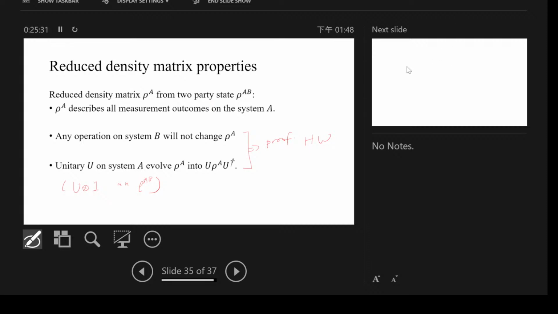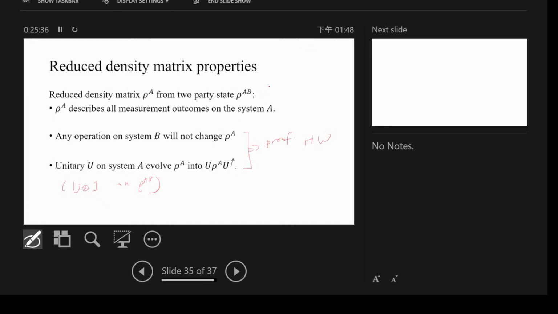I guess a bit more to say about this notation. Now we have a system with multiple parts, so we will mark which subsystem your state is on with a superscript with your register.